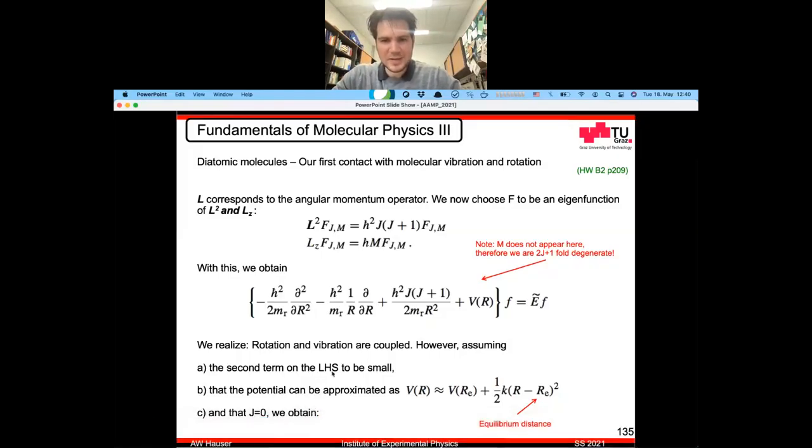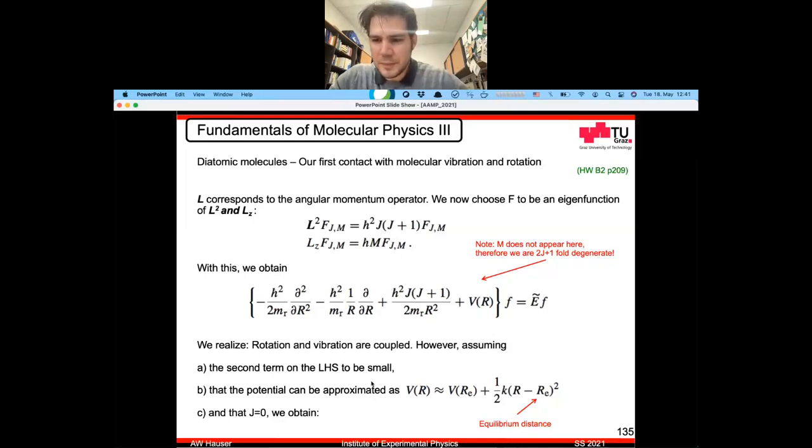We can write this second derivative as k, the curvature, and we see that in this approximation it is a quadratic potential. And this means for our remaining degree of freedom for this vibration that we will end up with what type of solution here?